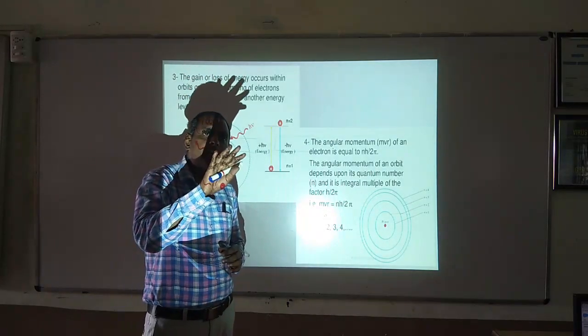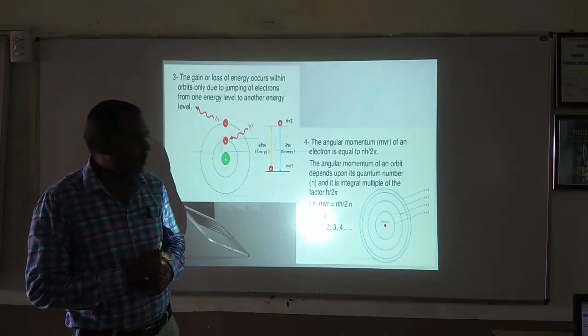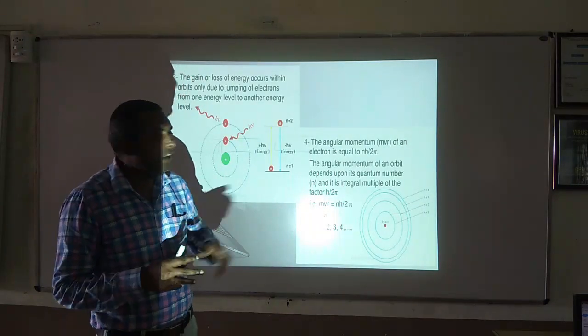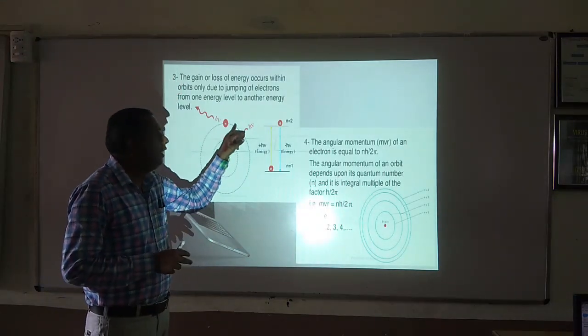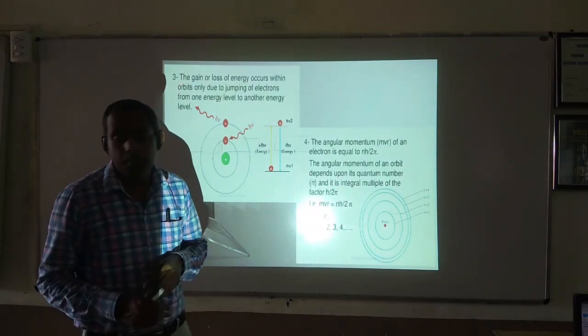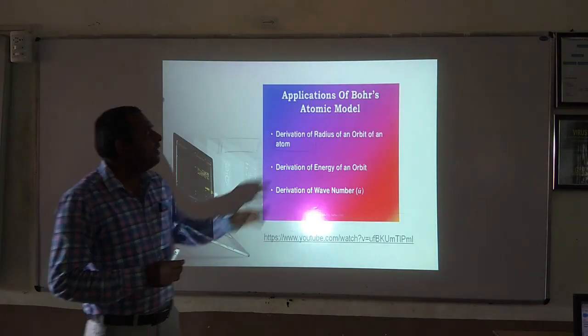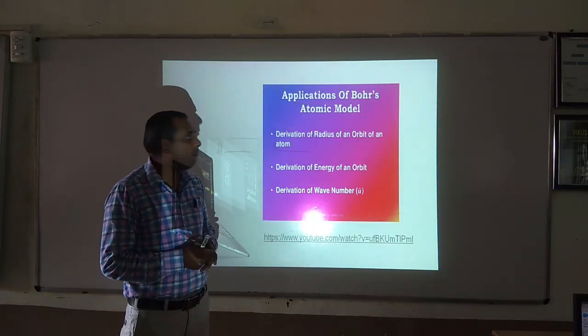When external energy is applied, the electron gets kinetic energy so that it jumps from one orbit to another and tries to become free.